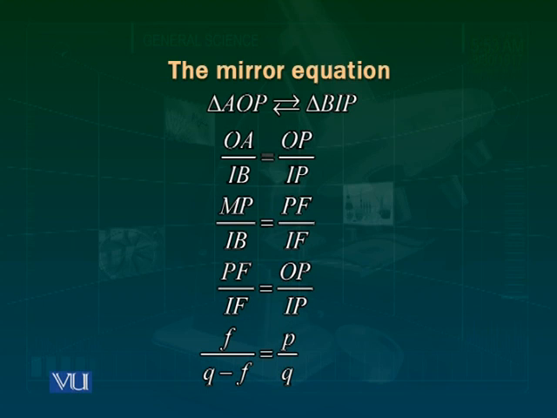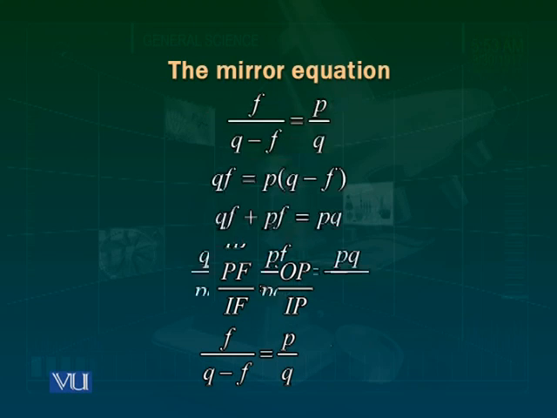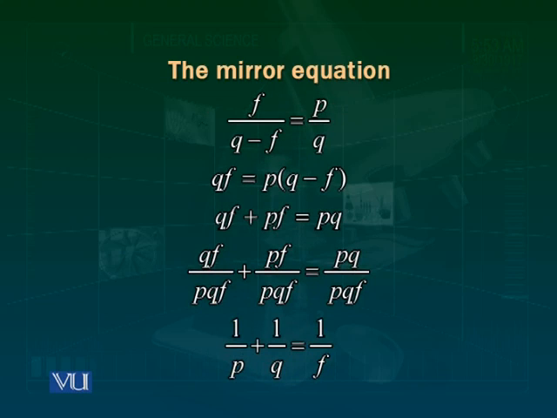We replace it by F, and IF, of course, is going to be Q minus F. Similarly, OP over IP is going to be P over Q. Rearranging, we find F over Q minus F is equal to P over Q. So QF is equal to P multiplied by Q minus F. Rearranging gives us the mirror equation, which is 1 over P plus 1 over Q is equal to 1 over F. This is the mirror equation: 1 over P plus 1 over Q is equal to 1 over F.